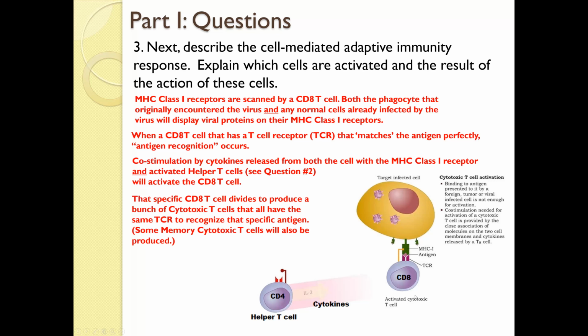So that specific CD8 T cell will then divide to produce a bunch of cytotoxic T cells that all have the same T cell receptor to recognize that specific antigen, and some memory cytotoxic T cells will also be produced. Later, that CD8 T cell will also make regulatory T cells that will help to eventually turn off the immune response.